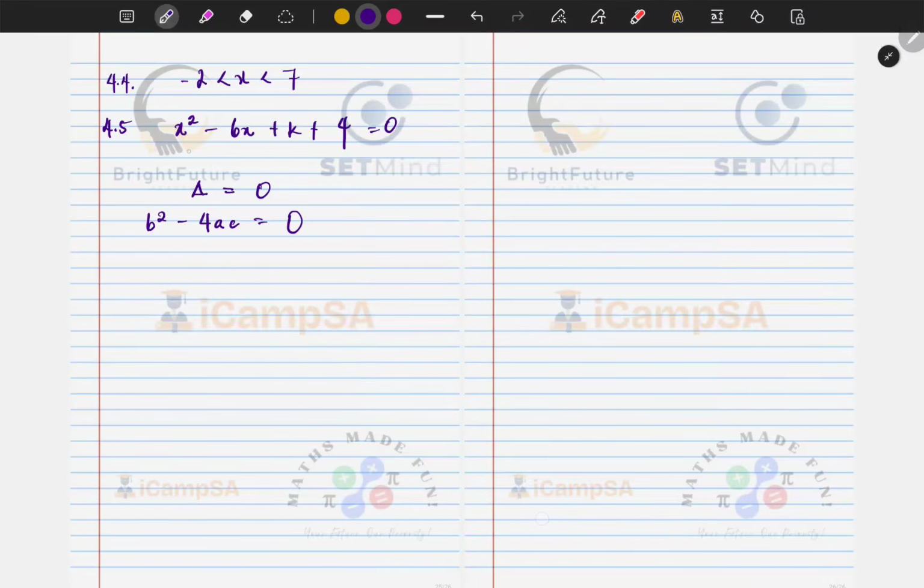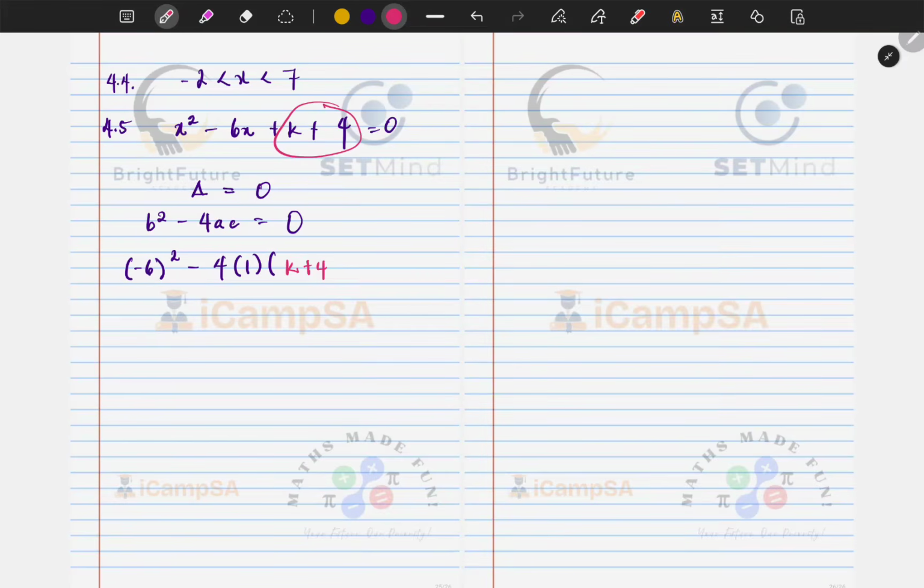So in this case, your b will be negative 6, squared, minus 4, your a is 1, and then your c is everything here, so that's going to be k plus 4.